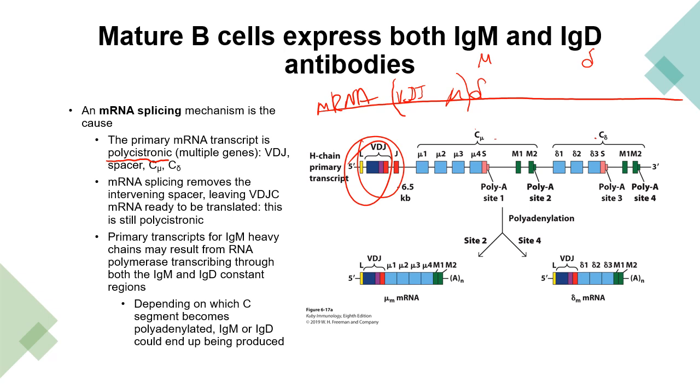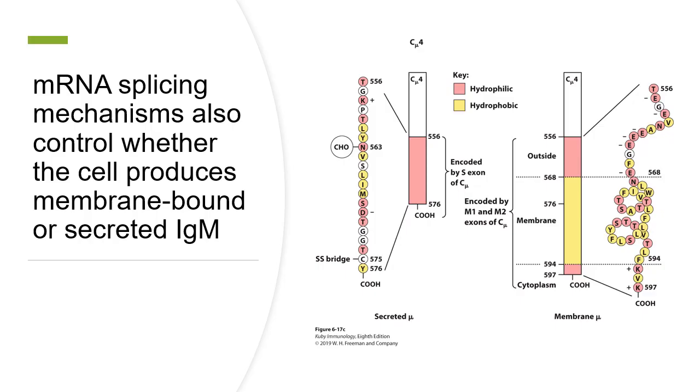And it's a little bit more complicated than just IgM and IgD regions. This messenger RNA splicing mechanism also controls whether the cell produces membrane-bound IgM or the secreted antibody version of IgM. So that process is also regulated here at the splicing level. Basically what you've got is this big long messenger RNA. You've got the V, D, and J regions.